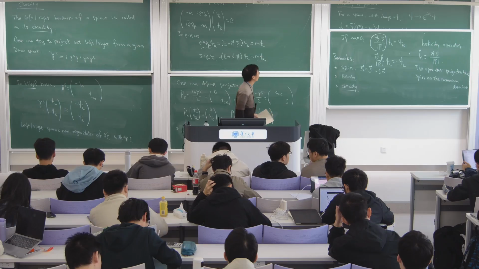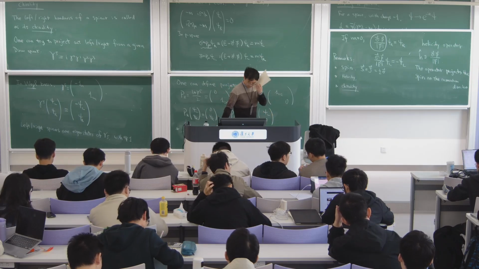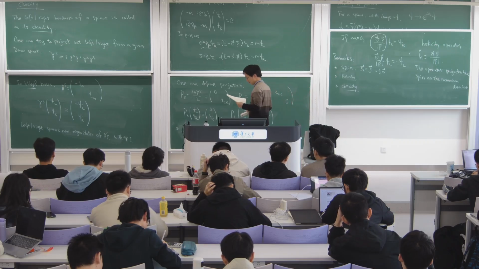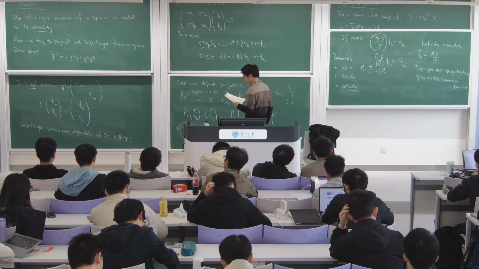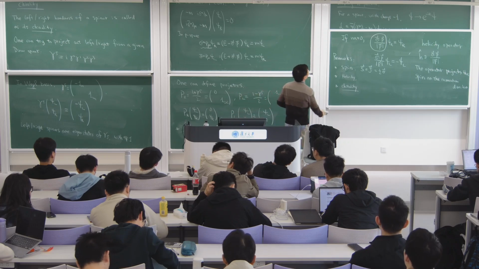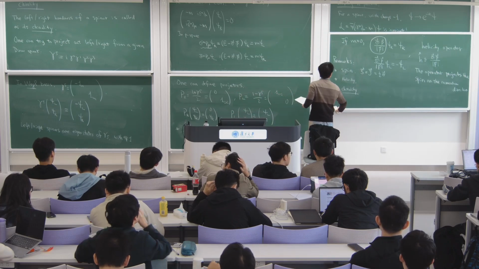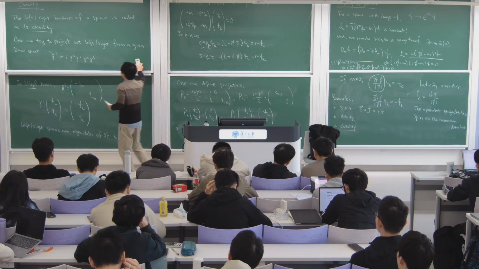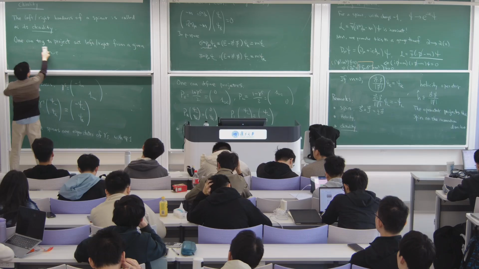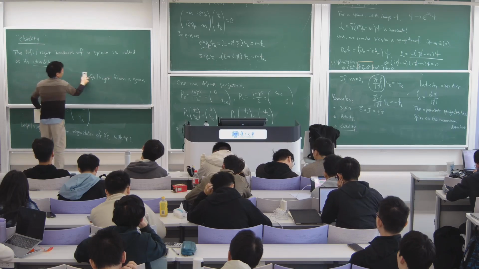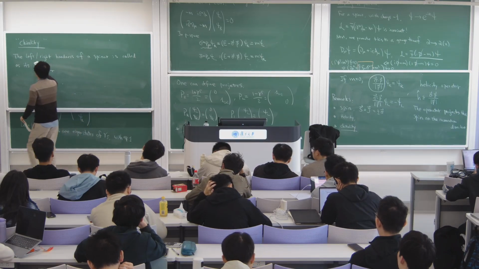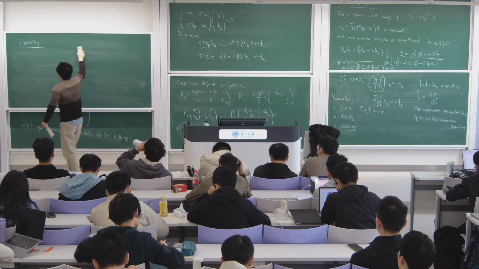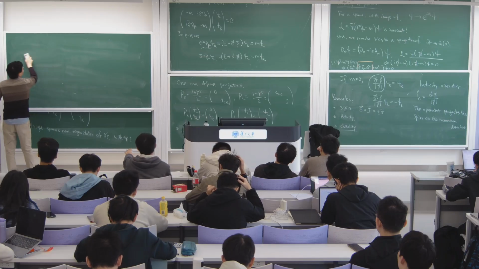Okay, so the next thing we want to discuss is related to chirality. It's also very interesting, which is how to understand the U(1) symmetry in the context of the Dirac fermion.